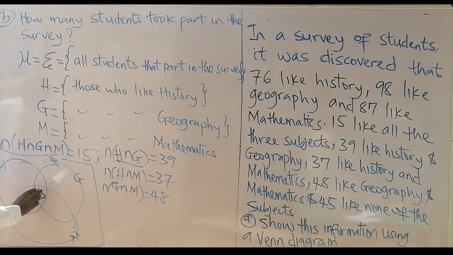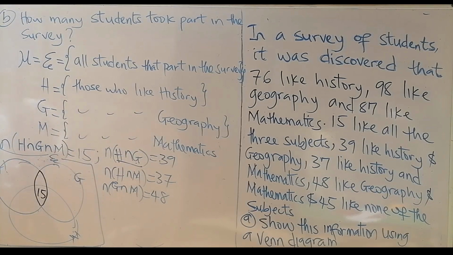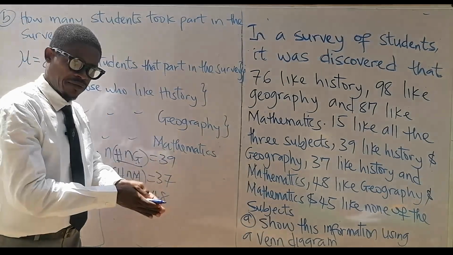That is the H intersect geography, history and geography, and mathematics. This is the place. We are given in the question history and geography is 39, and that is this place. But in this place, 15 among those 39 are taking all the 3 subjects. So we want to find only those that take history and geography.